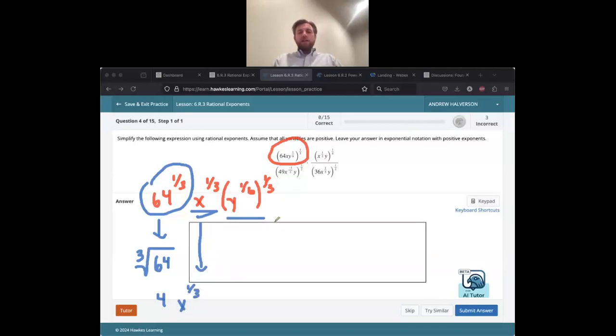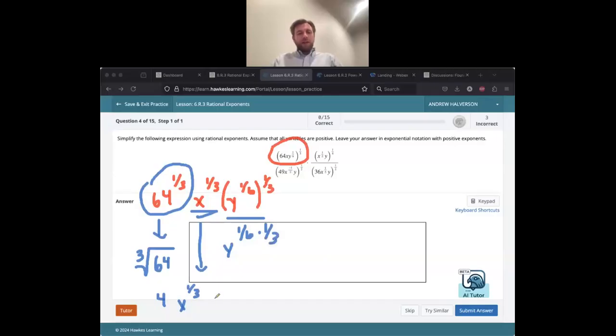This thing here, how are we going to simplify this part of it? Exponent of an exponent, that's the power rule. And the power rule says you do what to the exponents? Multiply. So 1/6 times 1/3.